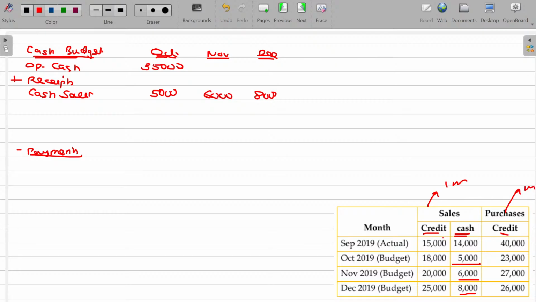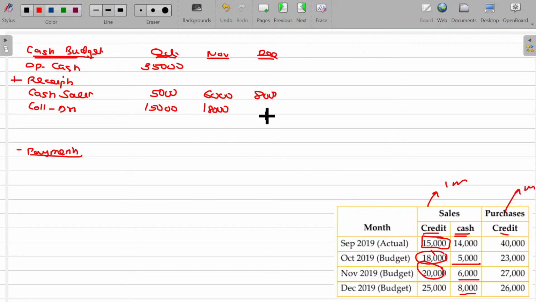For the sales in September, you have to receive the payment in which month? October. So the October payment being 15,000 rupees. This is nothing but collection from debtors. And here 18,000.